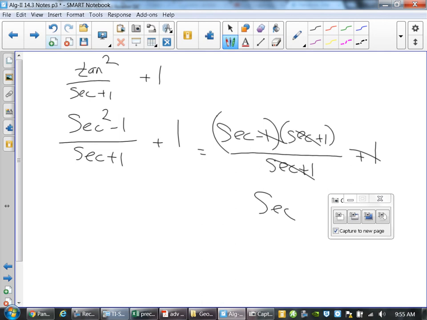For all the Pythagorean identities, you can do the different squares except for secant and cosecant.